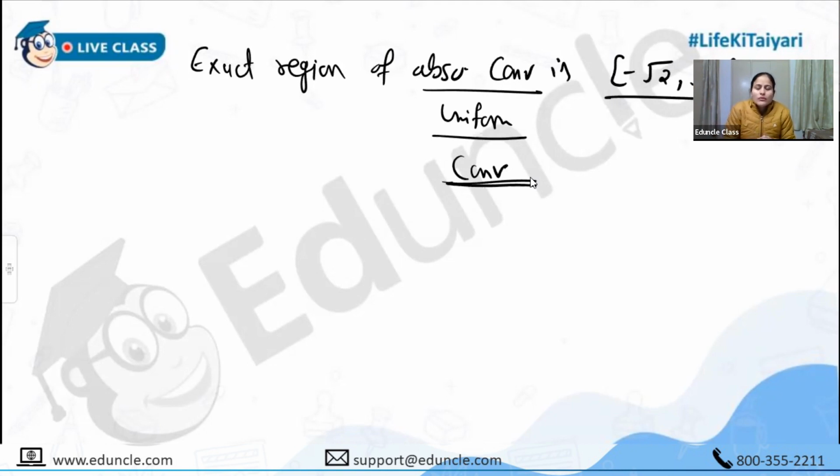But here at both the boundary points my series converges absolutely, so no doubt the region of convergence, absolute convergence and uniform convergence will all be the same. Clear? Hanji, clear to everyone?